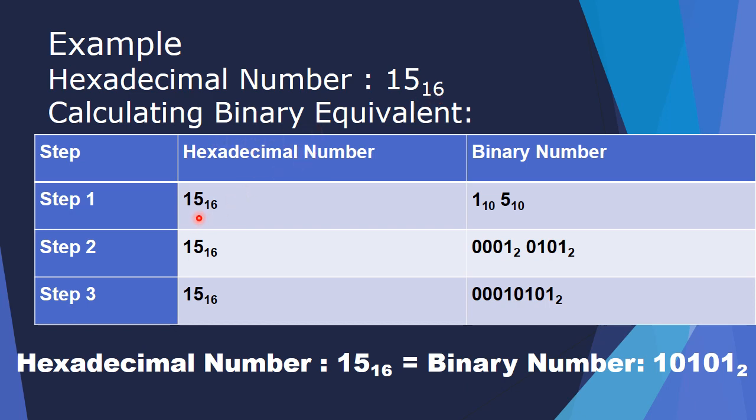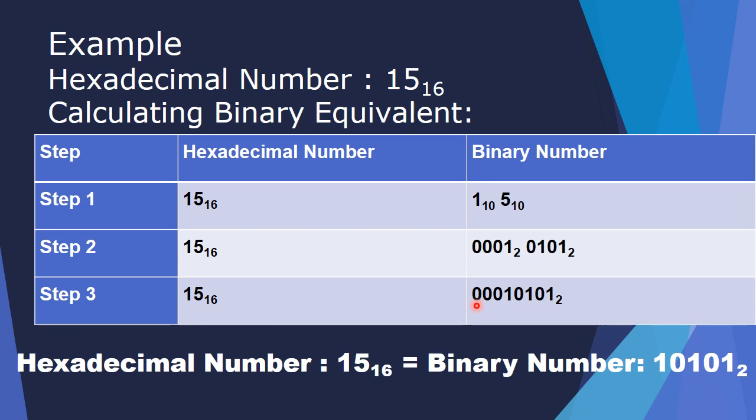Now how will you calculate? Calculating the binary equivalent, 15, your base is 16, so it is a hexadecimal number system. And then now binary, 1 to the base 10, 5 to the base 10. Okay, so now 1 is how much in binary system? 0001 to the base 2, and 5 is how much in binary number system? 0101 to the base 2, and then this 15 to the base 16 can be written in binary number system as 00010101 to the base 2.